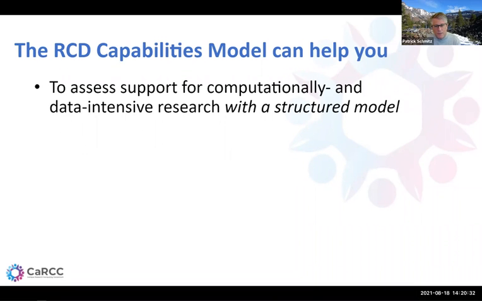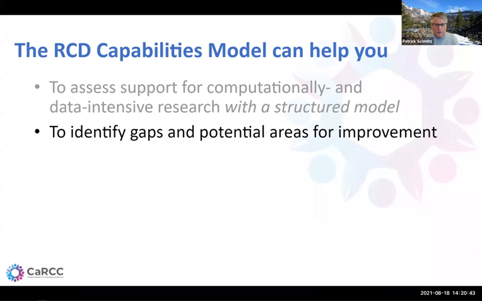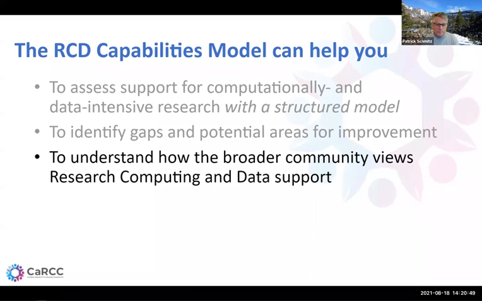So the model allows institutions to assess their support for computationally and data-intensive research. The structured model facilitates discussion among different groups, roles, and service providers. It helps you identify gaps, and these gaps may already be on your radar, or they may be in areas you weren't thinking about.